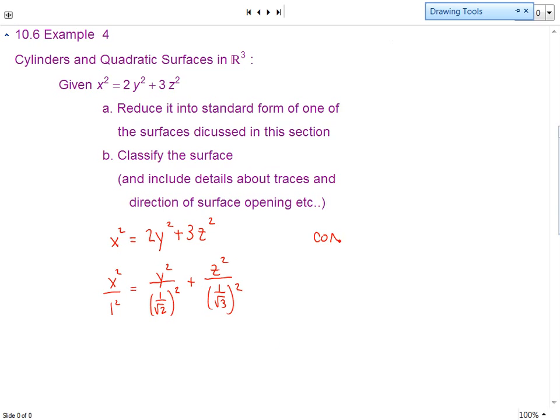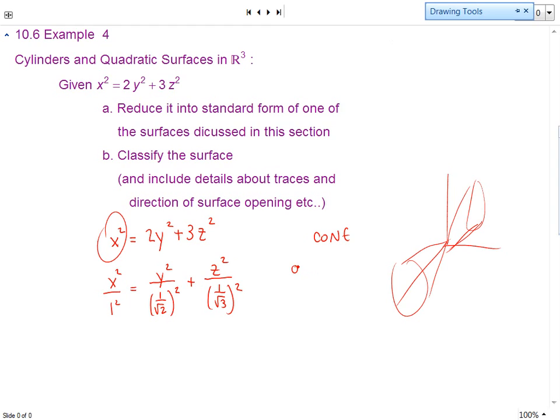It's a cone. Now, which way does this cone open? Like, which axis does it go down? The x-axis, right? Because cones open in the direction of the isolated variable. So the isolated variable here is x. So if I were to draw this, it's basically going to be doing something like that. Beautiful, right?